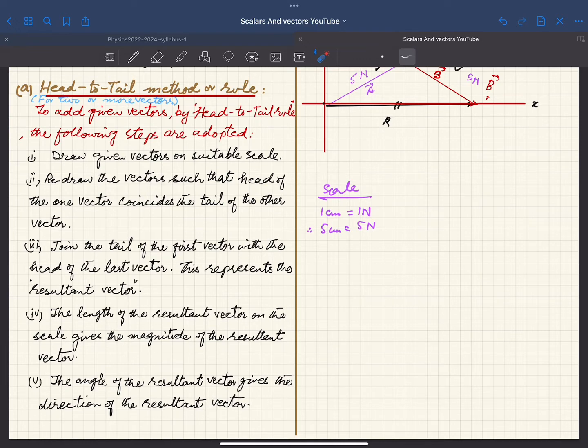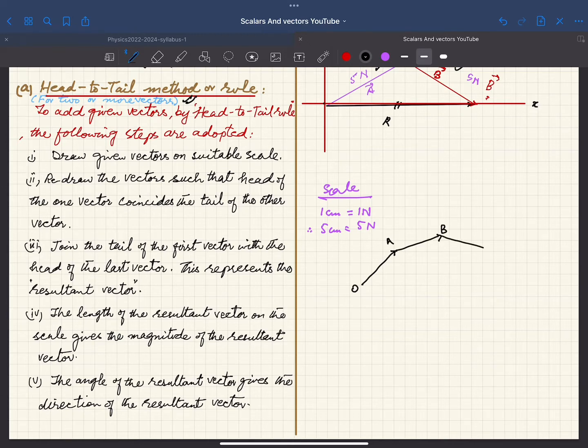Here I have taken only two vectors, but you may have more than two vectors as well. Like here, suppose one displacement is here. You say this is vector A or OA, then you have displaced from A to B. So this is another vector.